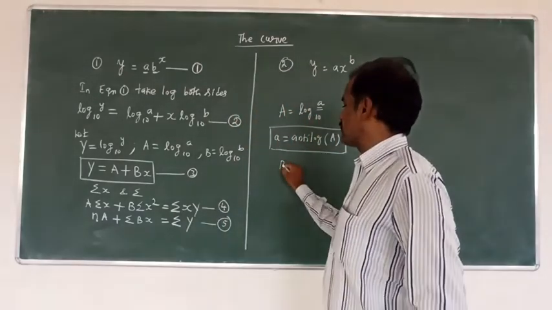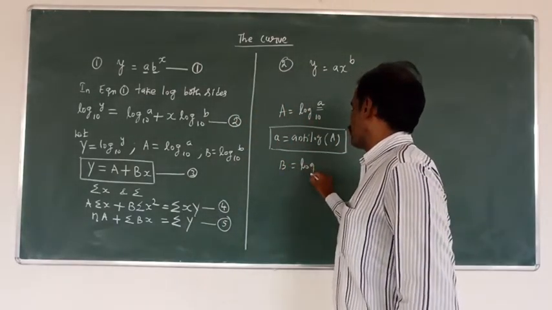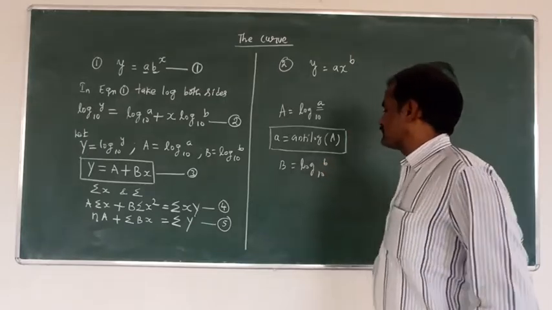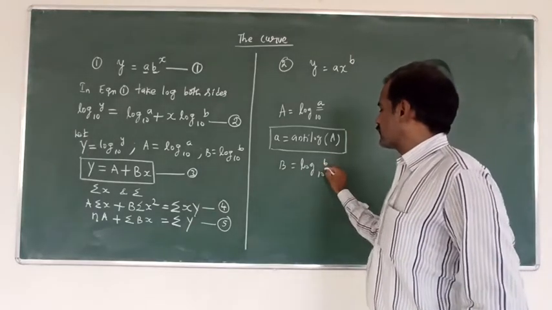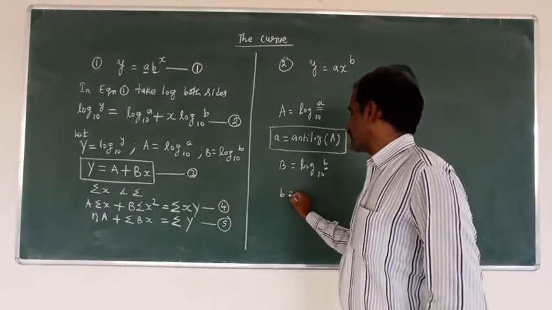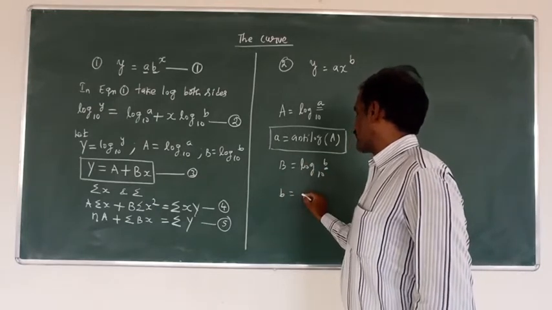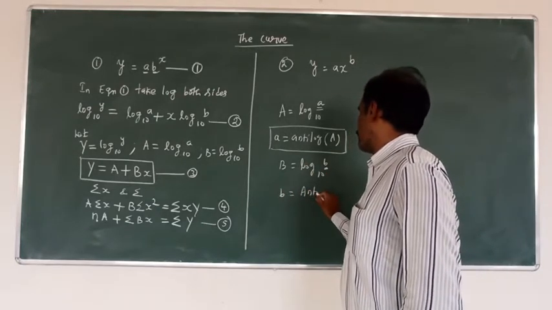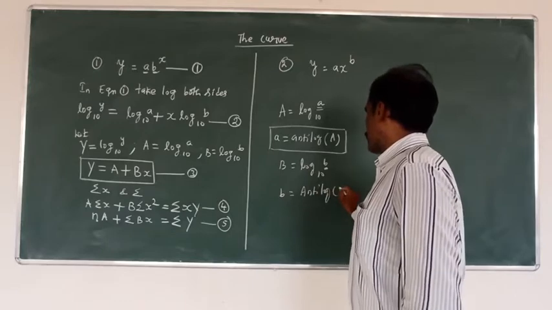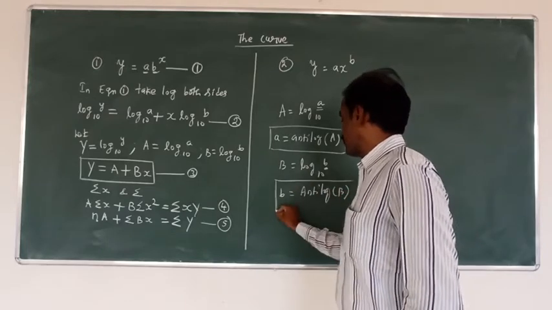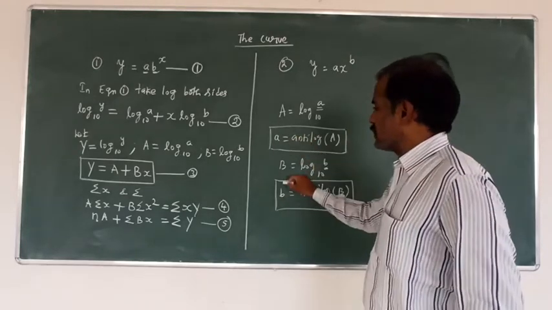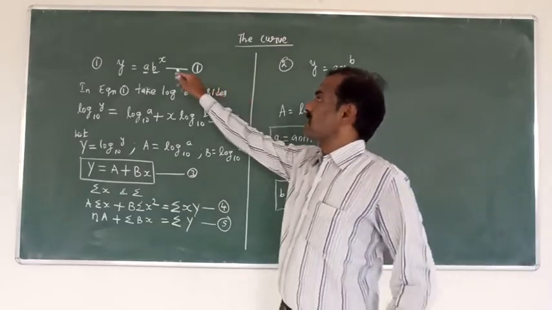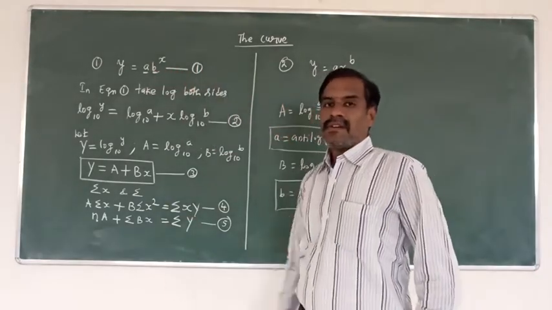This is for capital letter B equal to log 10 b. Required in formula small b, you can take log outside, that is anti log capital B. These two values substitute in equation 1.